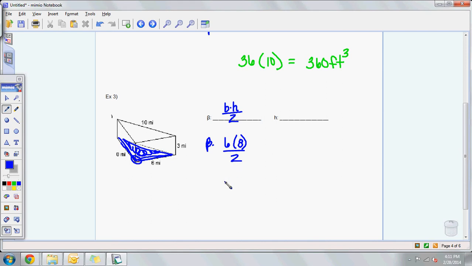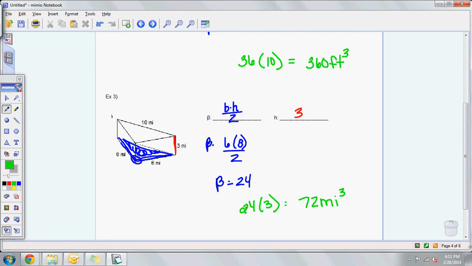So that is our base area. And the height, connecting the triangle to the triangle, is going to be 3. So I'm going to take 24 times 3, and that will give us 72 miles cubed.